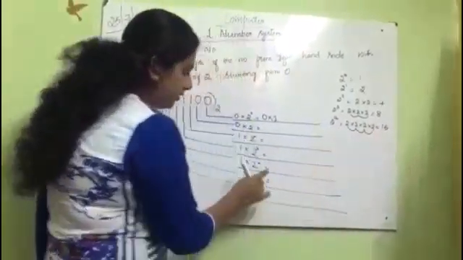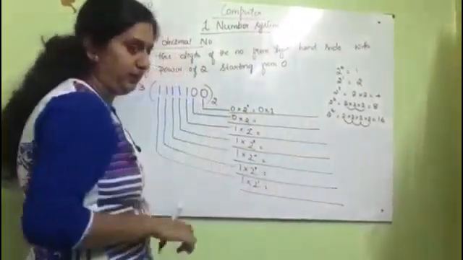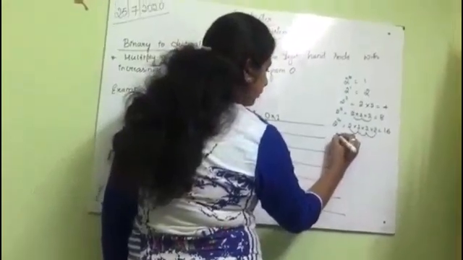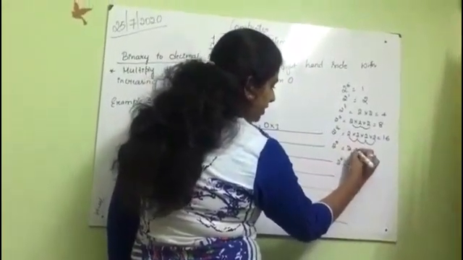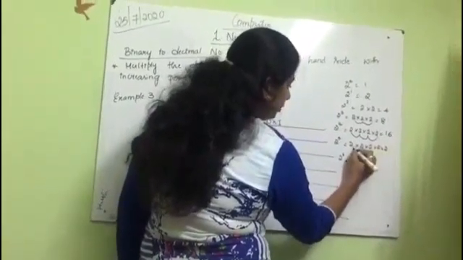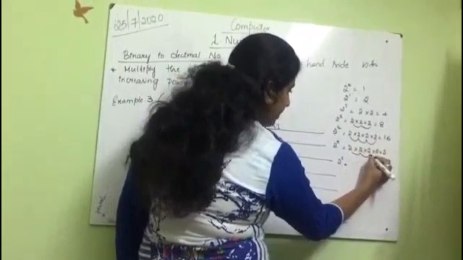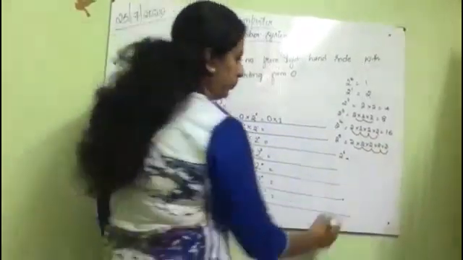Next 2 to the power of 5. See, the last number is 2 to the power of 6. Till 2 to the power of 6 we have to multiply. 2 to the power of 5: you have to multiply this 5 times. 1, 2, 3, 4, 5. 2 2s are 4, 4 2s are 8, 8 2s are 16, 16 2s are 32.